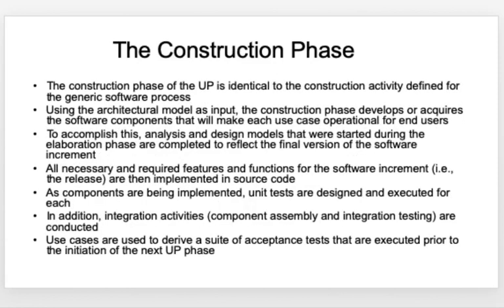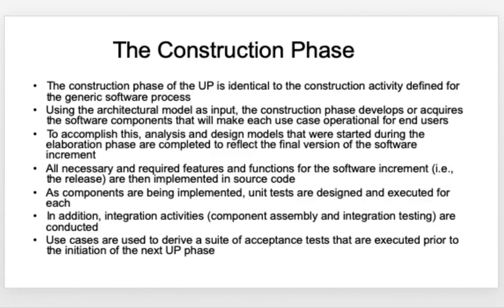The next phase is called the construction phase. The construction phase maps to the construction activity of the generic process framework. It involves writing the source code, going for the first increment, second, and so on.